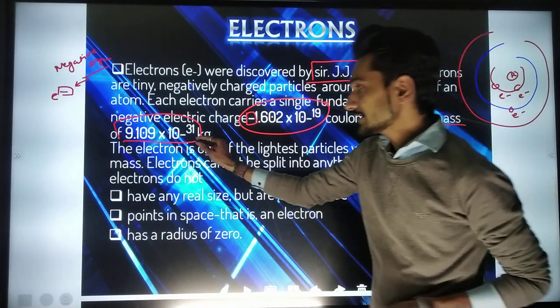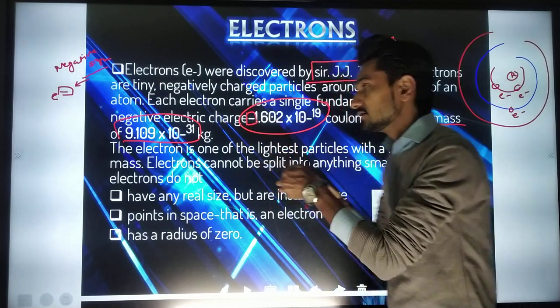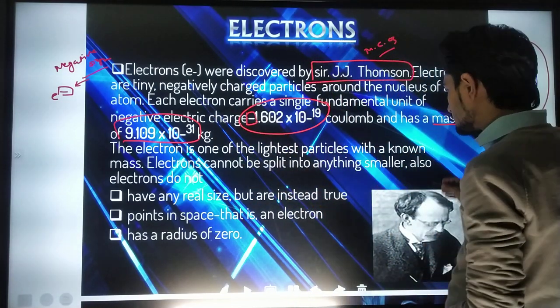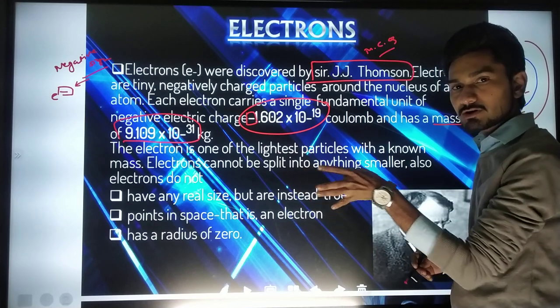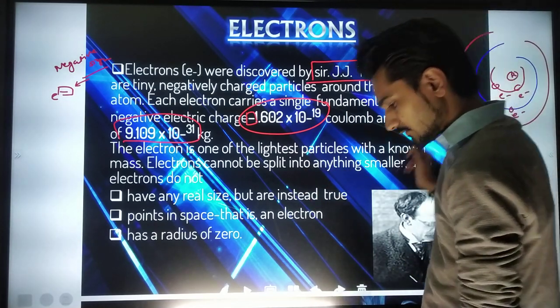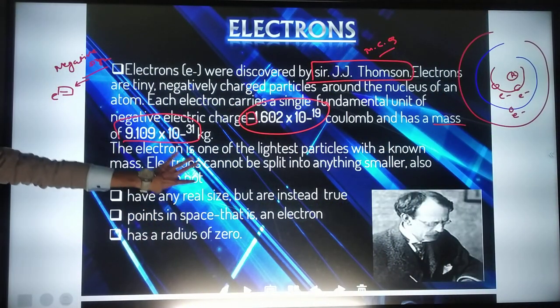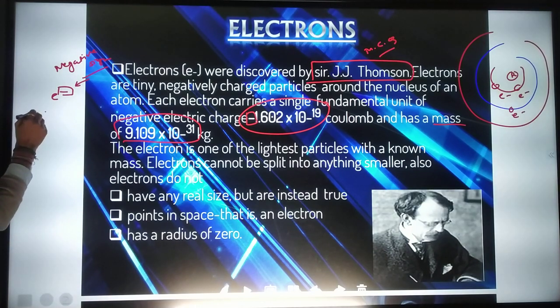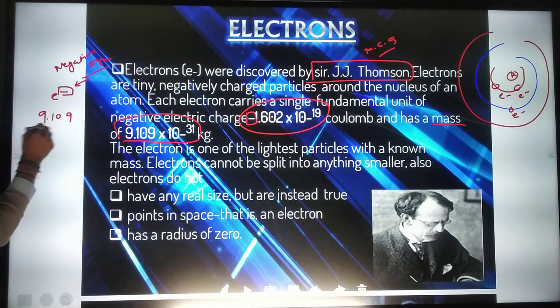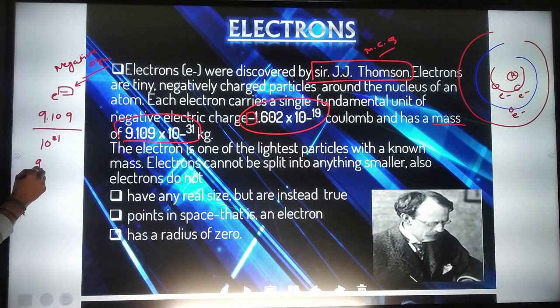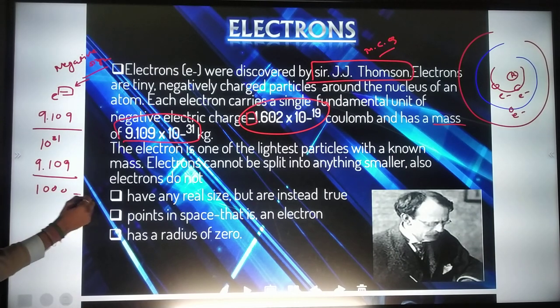It means 10 raised to minus 31. We'll have to put 10 raised to 31 in the division of 9.109. If you want to write this, 9.109 upon 10 raised to 31 means we'll have to divide 9.109 by 31 zeros.